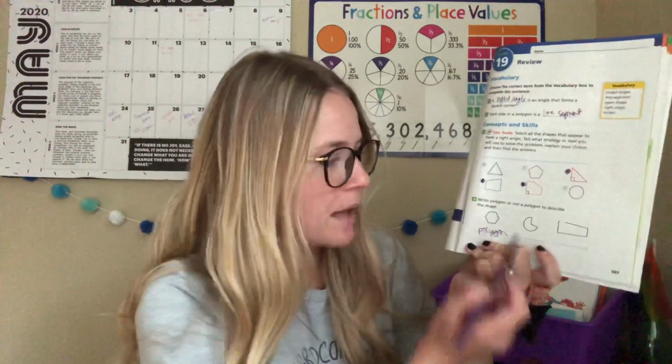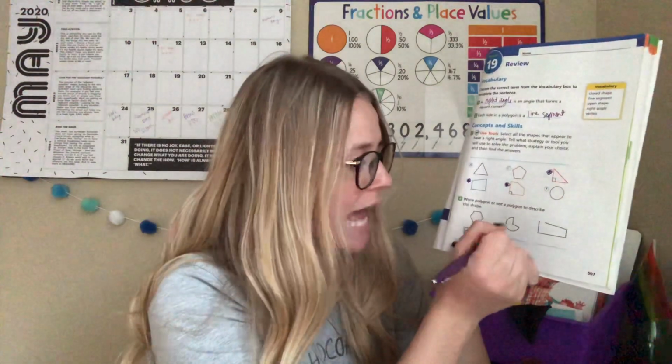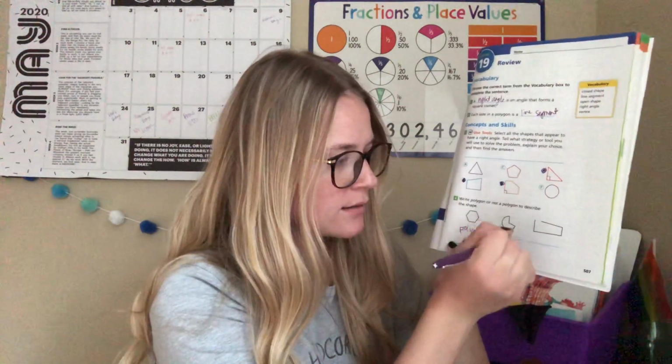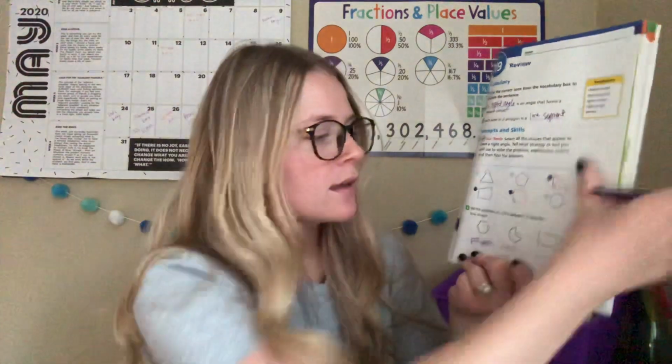What about this little Pac-Man guy? This is not a polygon because it has a curved pathway. It is closed though. Now this next one is also not a polygon. It does have line segments, but they are not connected. It is open, so it is not a polygon.